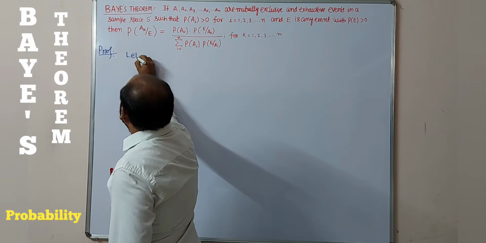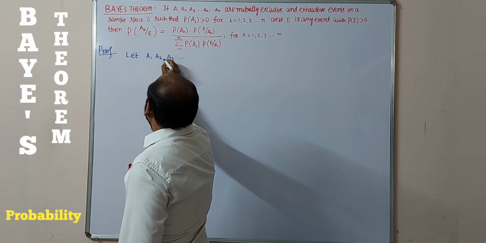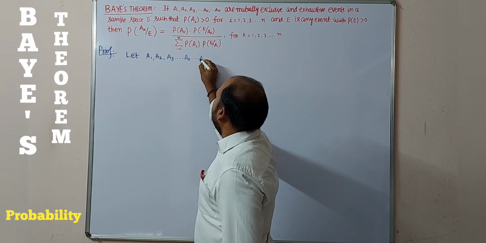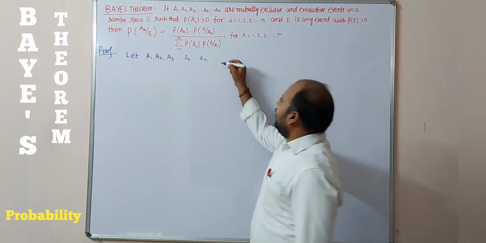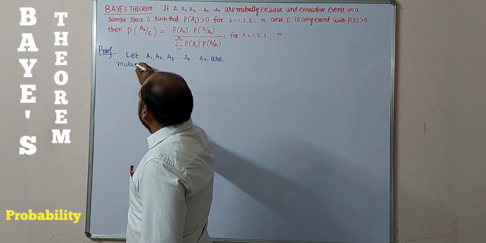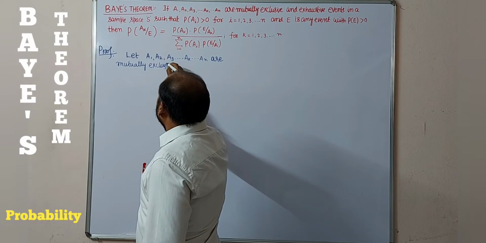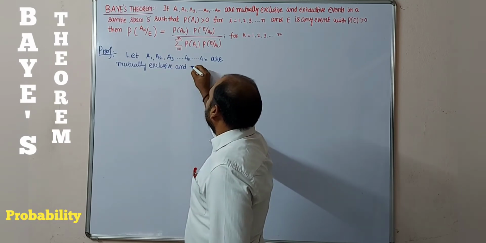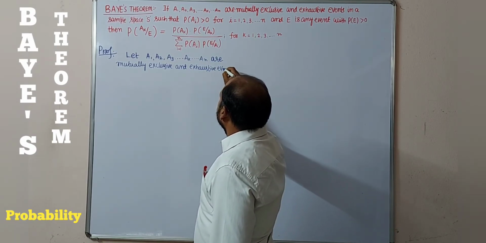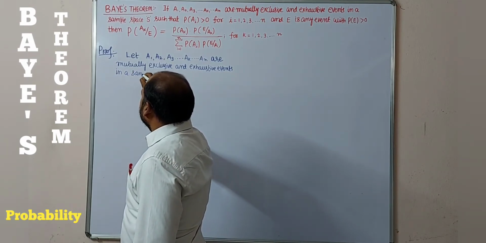Let A1, A2, A3 and so on AK and so on AN be mutually exclusive and exhaustive events in a sample space.